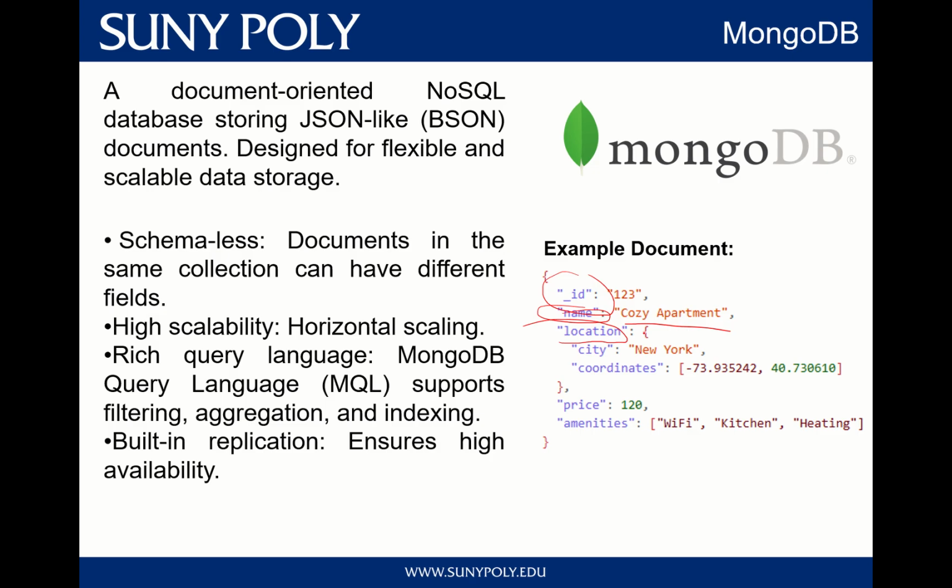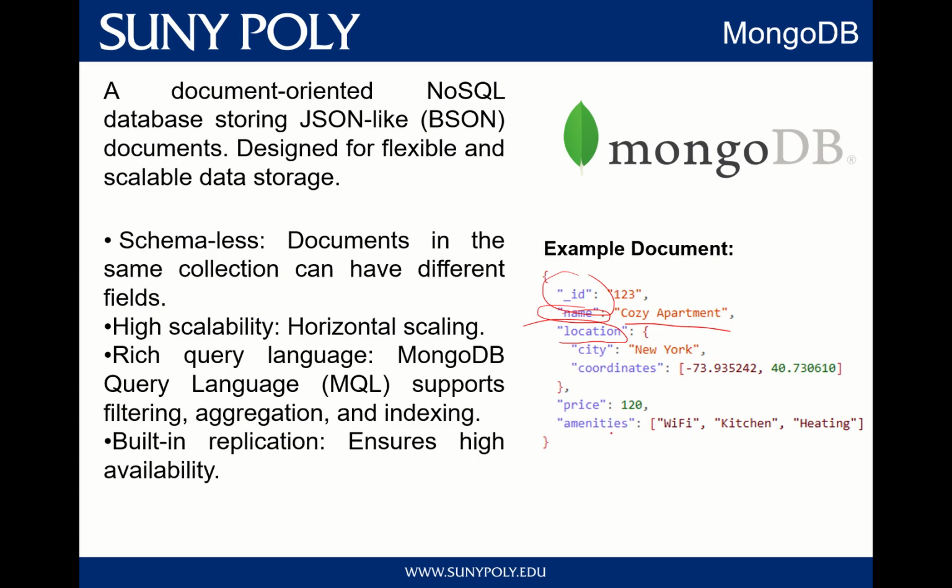It has another JSON object inside that specific key. That's the flexibility you get when you use documents, when we use NoSQL. That's not possible with a table, right? Where there is only a single value per column, per row.